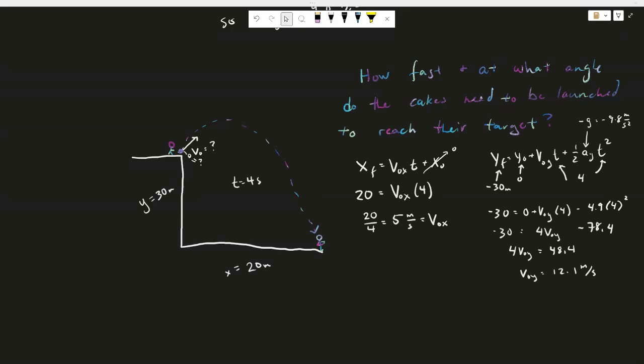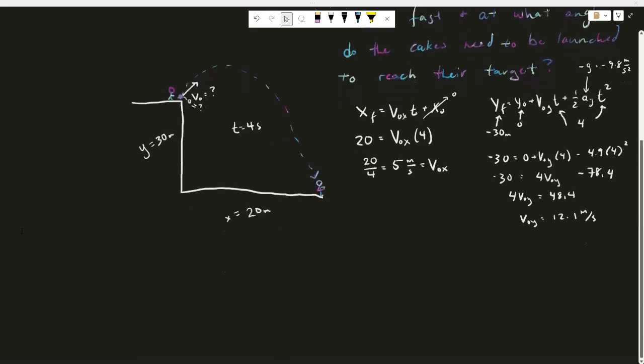When we combine them, we have to remember that these are vectors. So we have to add them as a triangle. So I'll have my v naught x here and my v naught y here. And this is what I'm looking for, this initial v naught. And then I also want this angle right here.